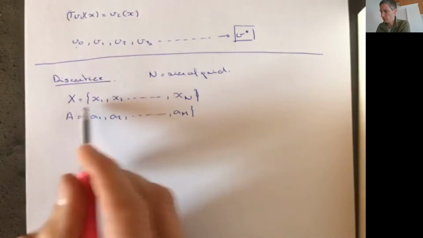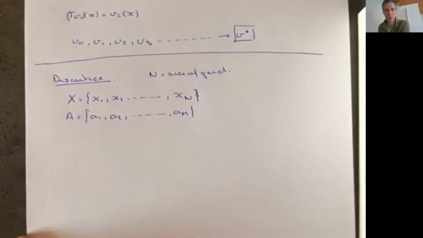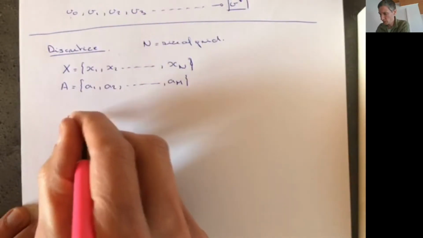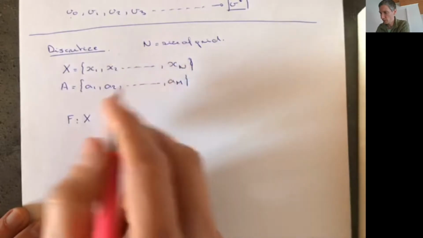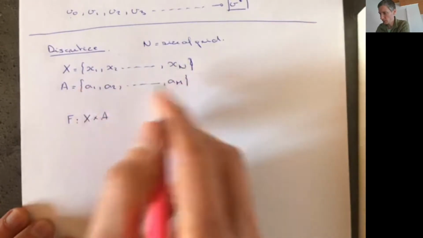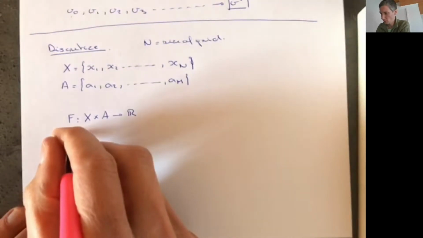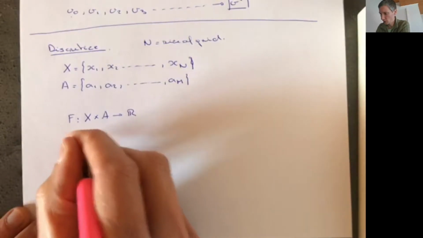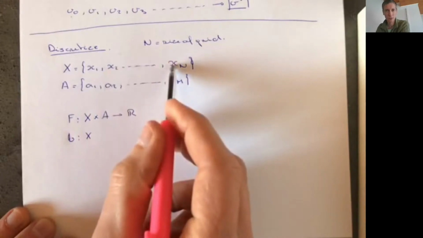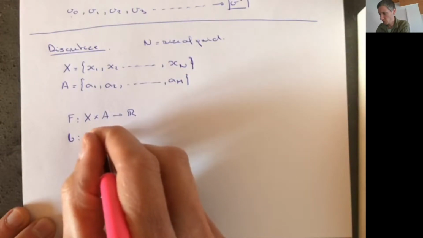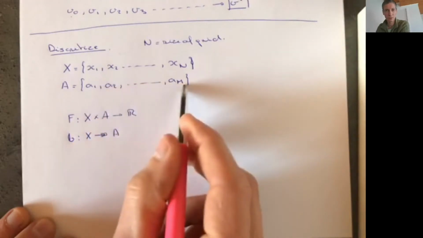If we have a finite grid of states and a finite grid of actions, then the function f now takes a state here and an action here and produces a number. Our correspondence g takes a state here and produces a subset of this set A of actions.